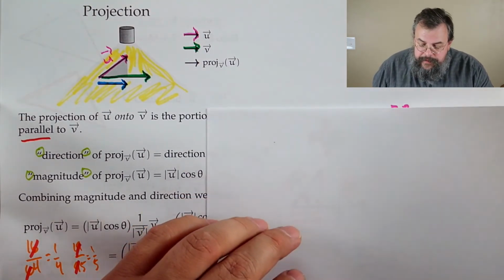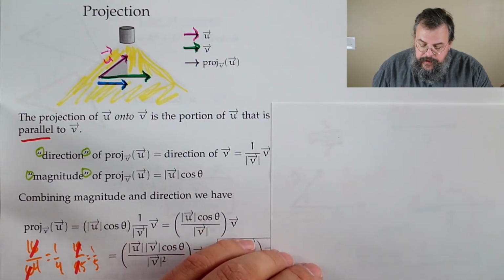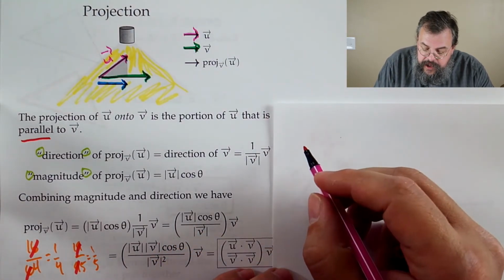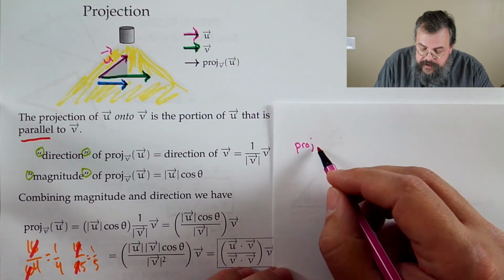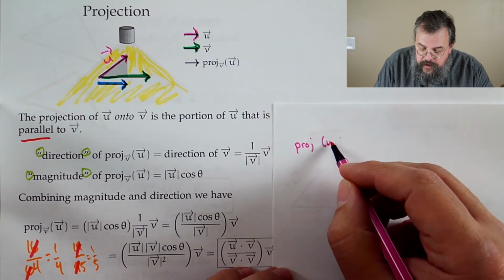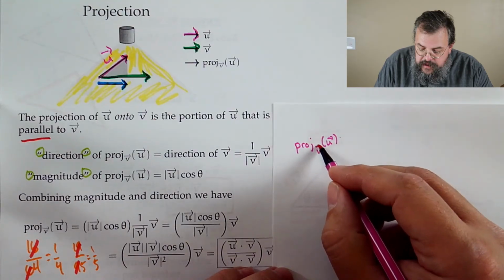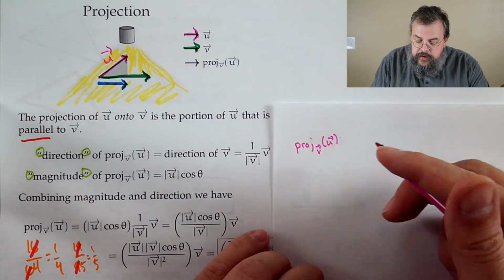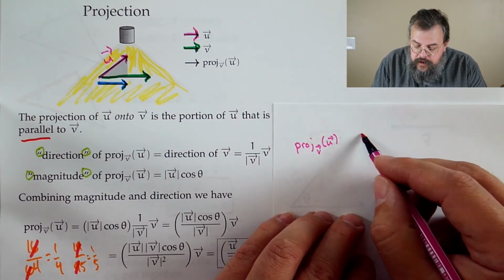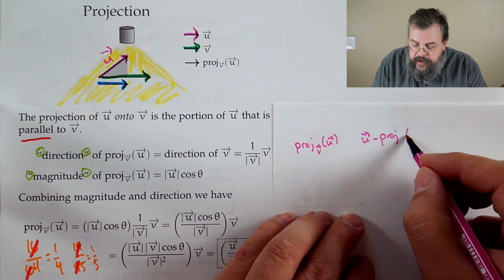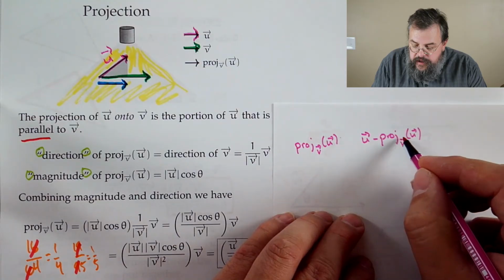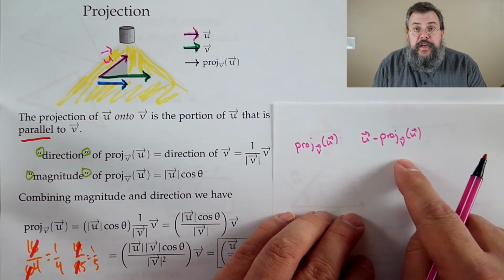So our claim here, we'll do it on the side, is if we take the projection of the vector u onto the vector v, and we compare it to the vector u minus the projection of the vector u onto v, these two should be perpendicular.